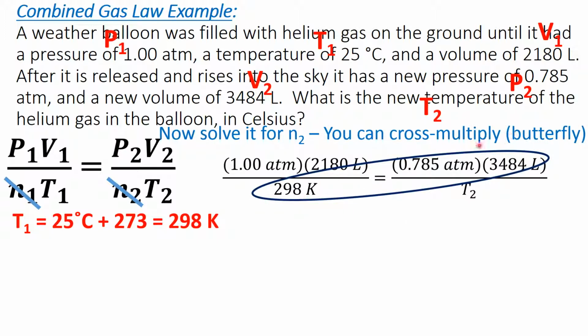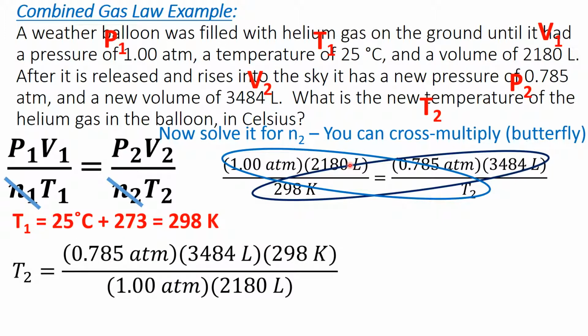We're going to multiply these two numbers, or all three of these numbers, and then we'll divide by everything in this other circle here, and that's these two. So we'll divide by 1, and we'll also divide by the 2180, and that'll give us T2. We could solve explicitly for T2, and we would see that we have V2, P2, T1 divided by P1, V1.